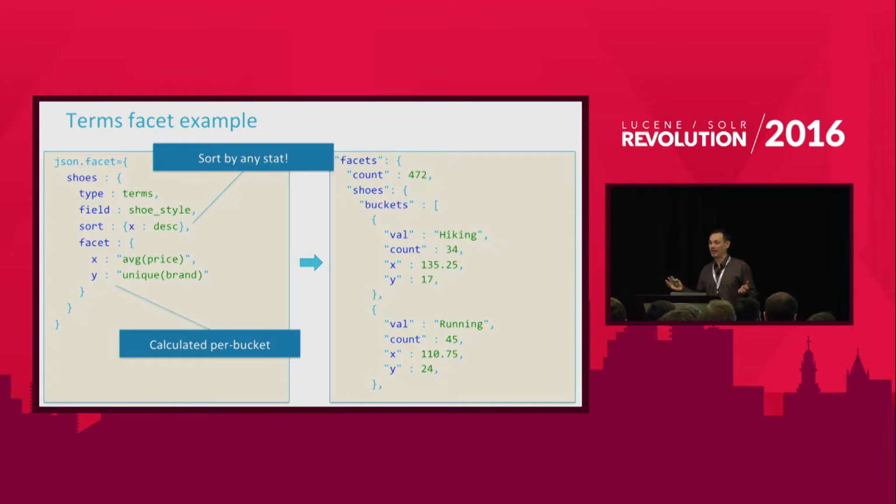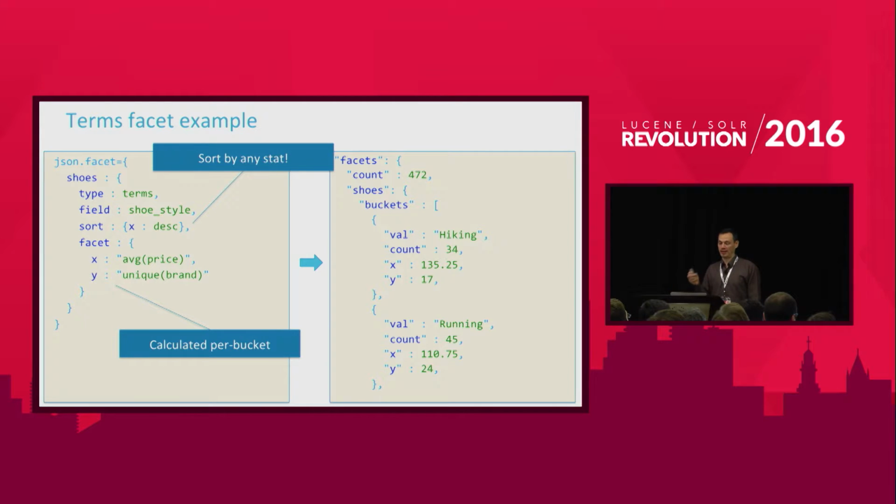And now we've expanded it so that any statistics that are currently supported, and we have a whole bunch, can be used. So we're sorting by X descending, and X is defined in our facet block, where we say X is the average price and Y is the unique number of brands in that facet bucket. Things in that facet block get done for each facet bucket that's created. On the right-hand side, in our response, you can see that we get back our shoes facet, and we have a bucket list.